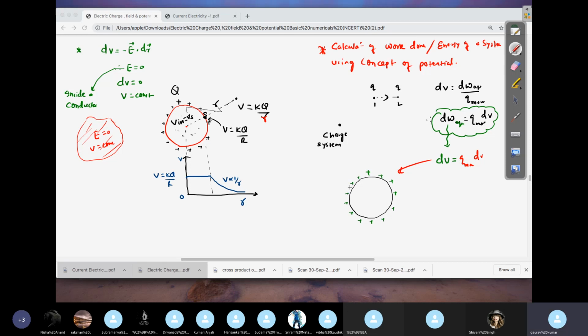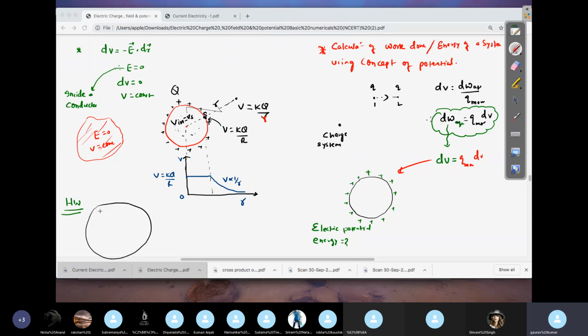If I ask you what is the answer for the electric potential energy for this spherical charge, this is the question. This I'll explain, and I'll give you a small homework. Whoever wants can solve this and send me the solution. I will definitely check that.